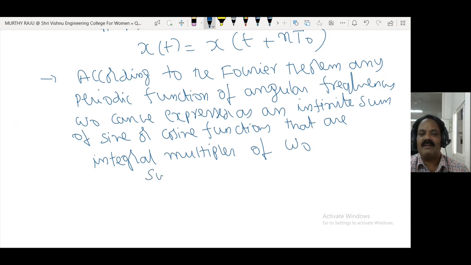The sine function is sin n omega naught t, and the cosine function is cos n omega naught t, where n is equal to 1, 2, up to infinity.